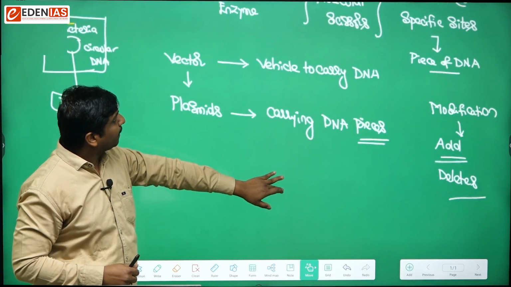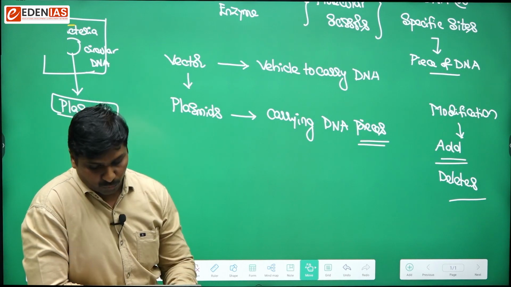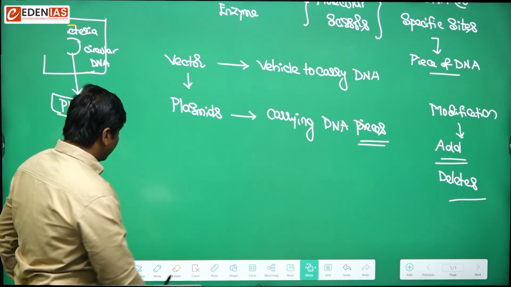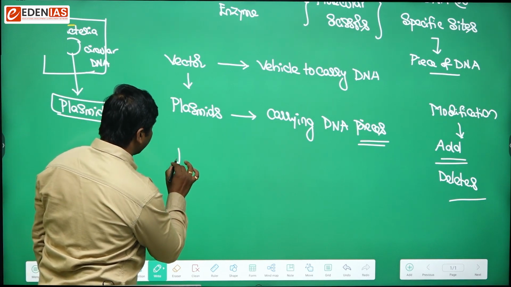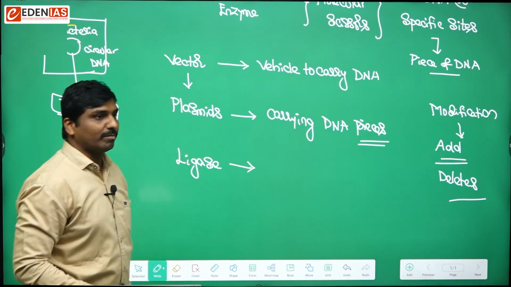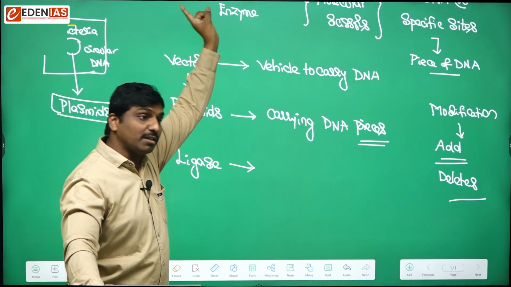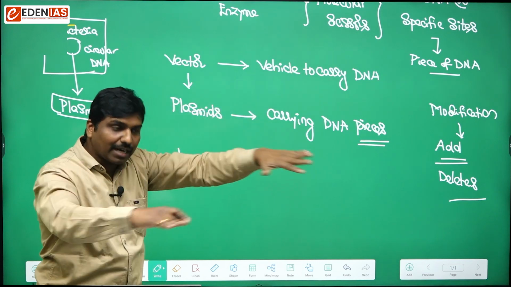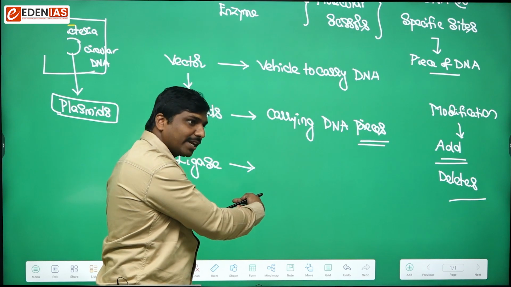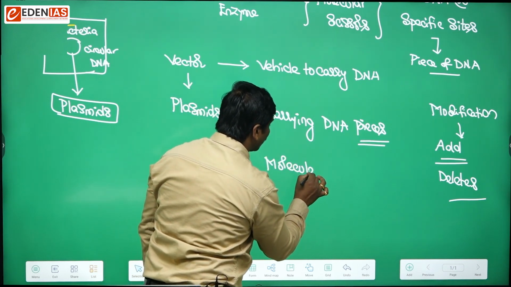The next important tool that you have to remember with respect to genetic engineering is another thing called ligase enzyme. We have restriction endonuclease. Restriction endonuclease is the molecular scissor, which is used to cut the different DNA sequences. Ligase is also an enzyme, and it generally acts as molecular glue.